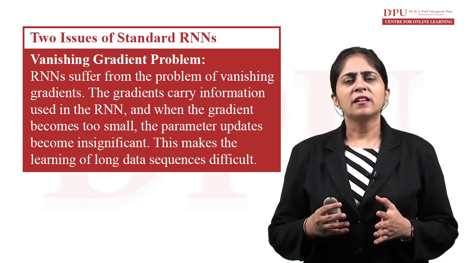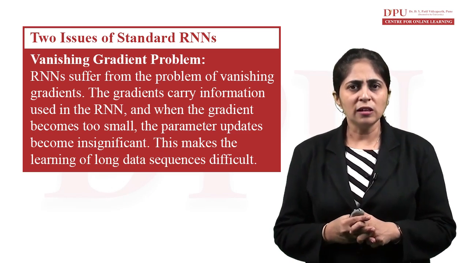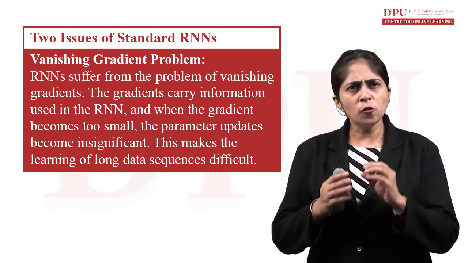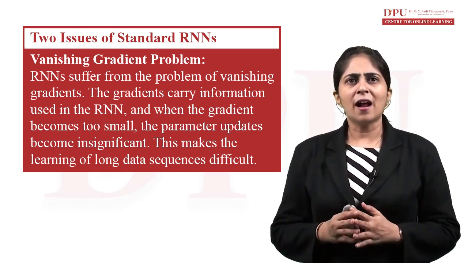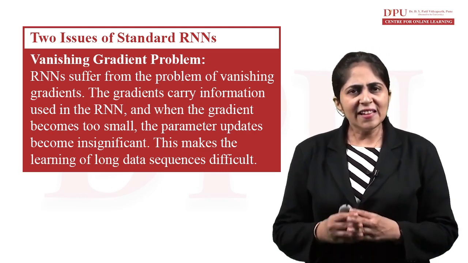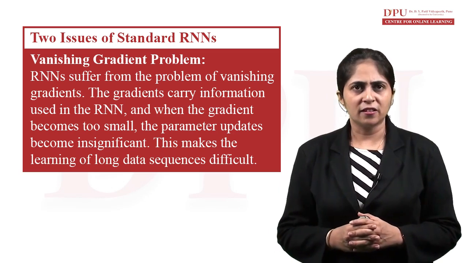The gradients carry information that we use in recurrent neural network, and when the gradient becomes too small, the parameter updates become insignificant. So this makes the learning of long data sequences difficult.